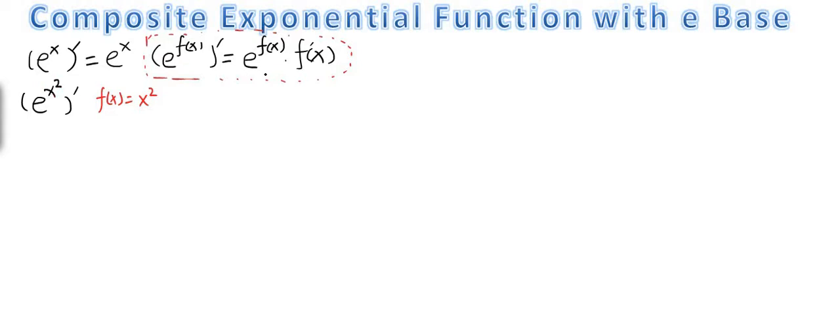Then we can follow this formula. We have e to the power f(x), that is x squared, right? e to the power f(x), f(x) is x squared, and then the derivative of f(x), because f(x) equals x squared.